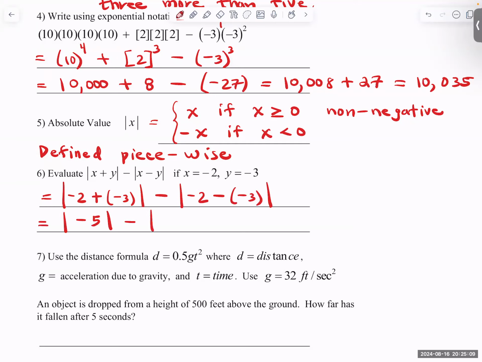Now minus a negative becomes add 3, so the sum is 1. The absolute value of -5 is its opposite, which is 5, minus 1, final answer is 4.